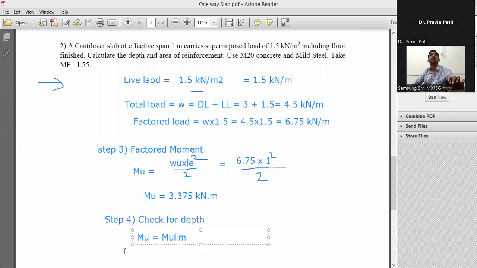So Mu is 3.375 into 10 raised to the power 6 Newton mm.